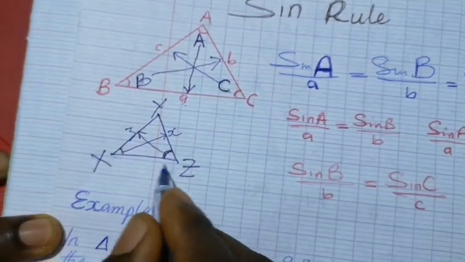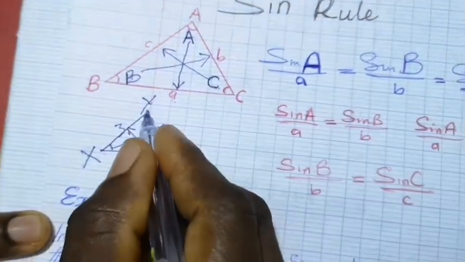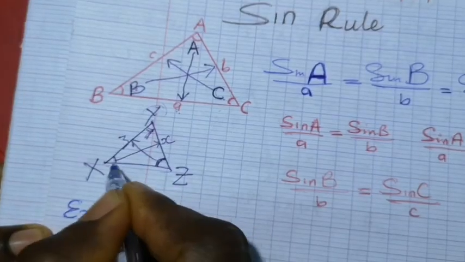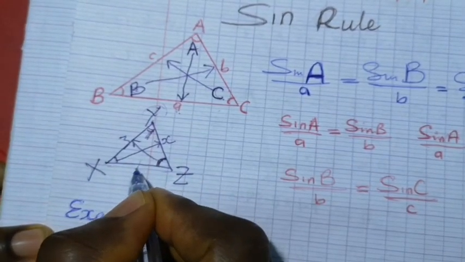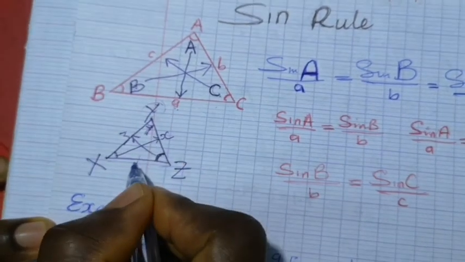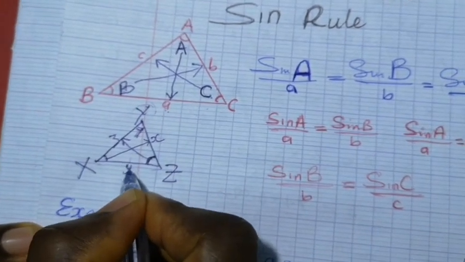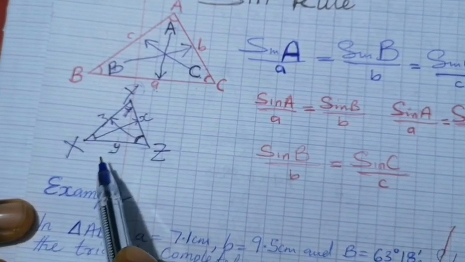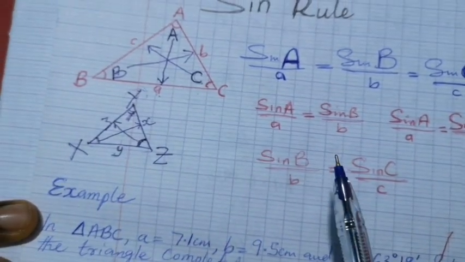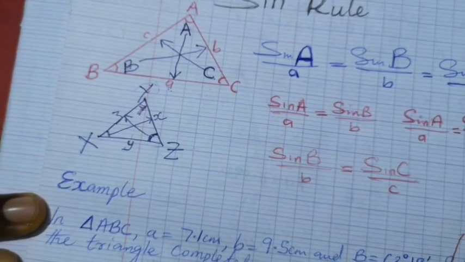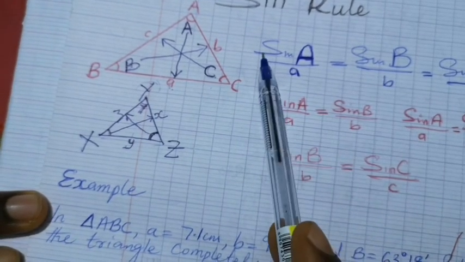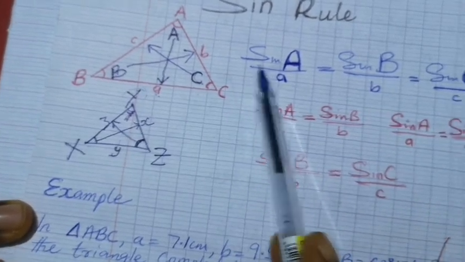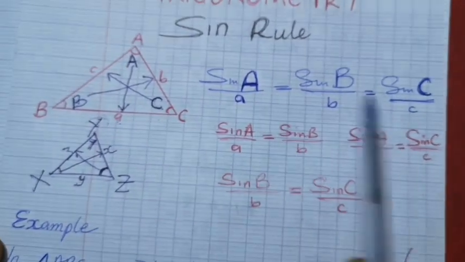Then for this side, since our angle here is capital letter Y, the corresponding side, which is the side opposite to this angle, will be small letter y. So this is small letter y. Okay, that is how we use this law or rule. This rule here, you have to memorize it. You have to know it very, very well.